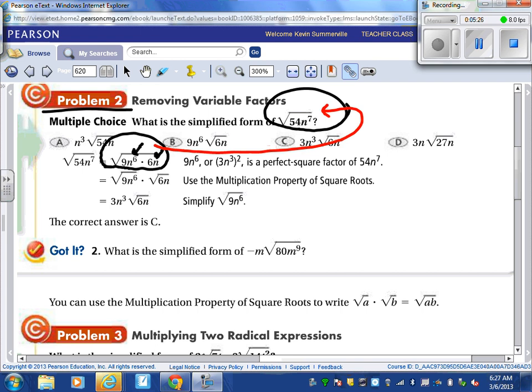So now all we need to do is find the perfect square that makes 9. 9 is a perfect square. The square root of 9 would be 3, and for the exponent 6, half of it is 3. That would be n to the third.